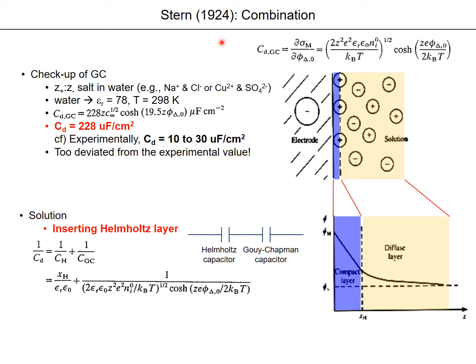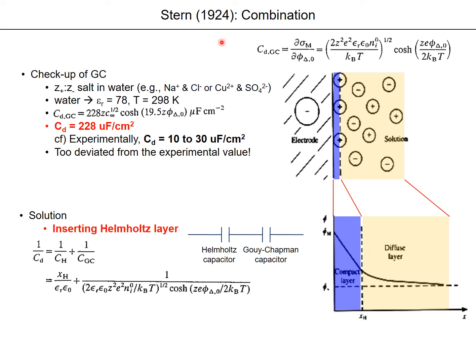So the capacitance expected by the Gouy-Chapman model is potential dependent. At the point of zero charge, the minimum value of capacitance is obtained. Far from the point of zero charge, the capacitance would increase with the potential.